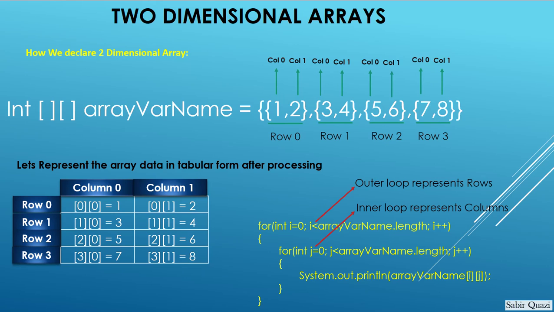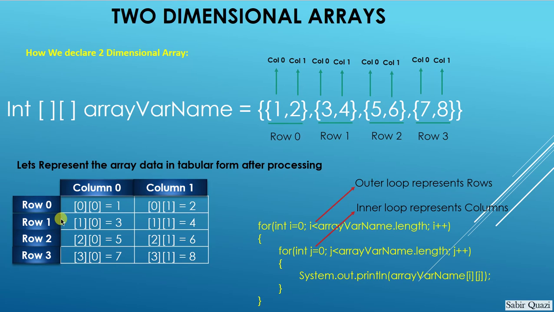In this table, this block is row 0 and column 0, which has the value 1. Then we have row number 0 and column number 1, which represents the value 2.